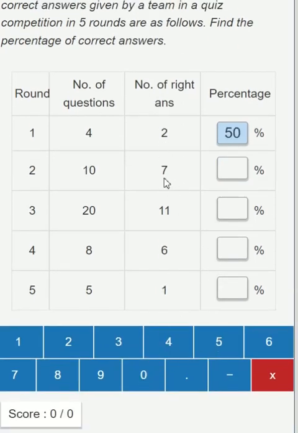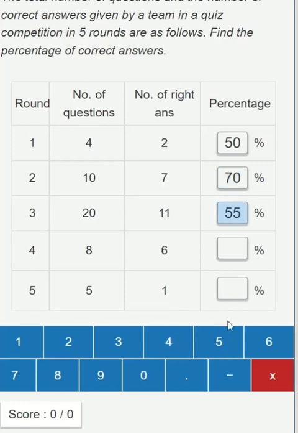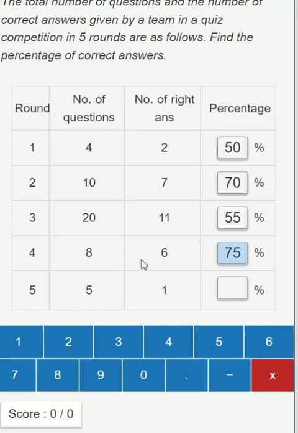Here we have 7 by 10, which is nothing but 70%. 11 by 20, we have to multiply both numerator and denominator by 5 so that the denominator will become 100, which will give you the percentage. So 11 into 5 is 55. 6 by 8 is nothing but 3 by 4, which is 75%. 1 by 5 is nothing but 20%.